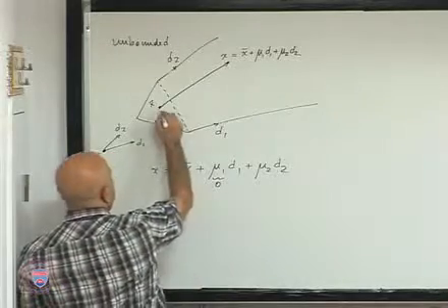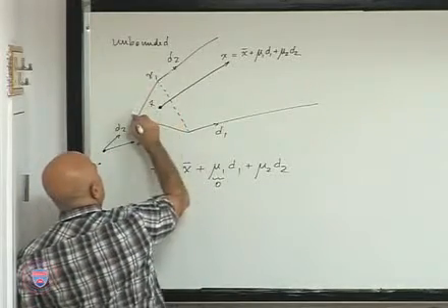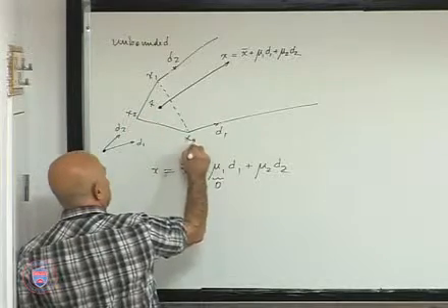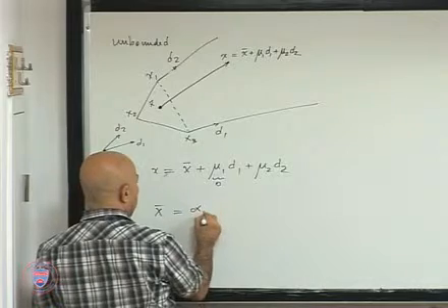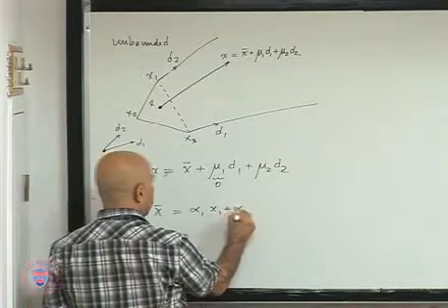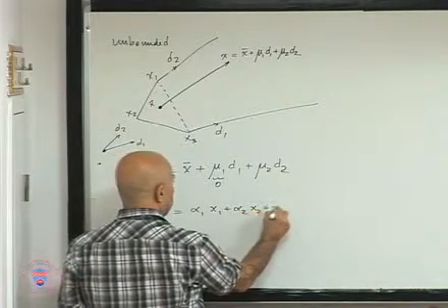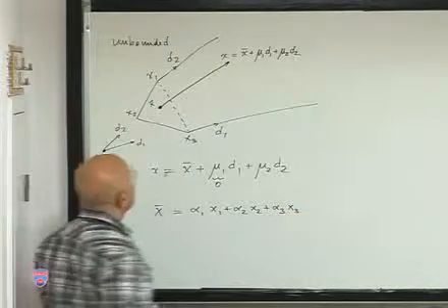So once you pick X bar here, there are extreme points x1, x2, x3. So X bar is equal to, say, alpha 1 x1 plus alpha 2 x2 plus alpha 3 x3.